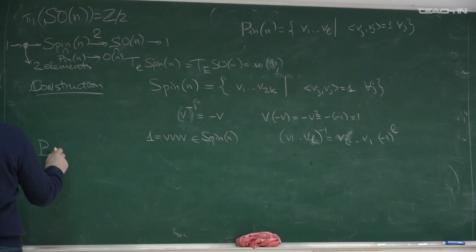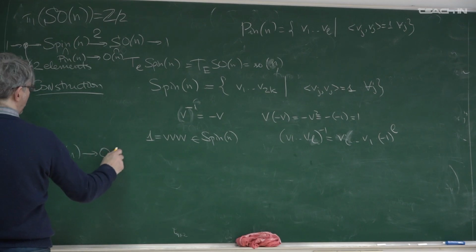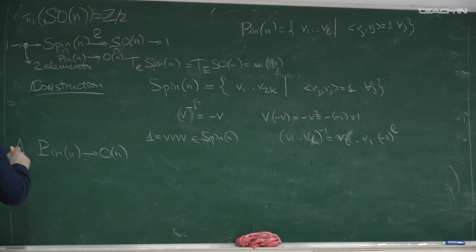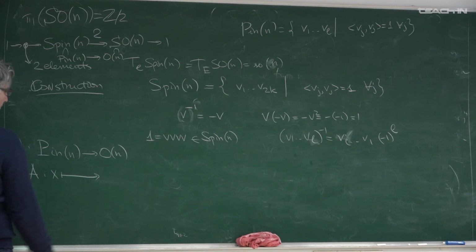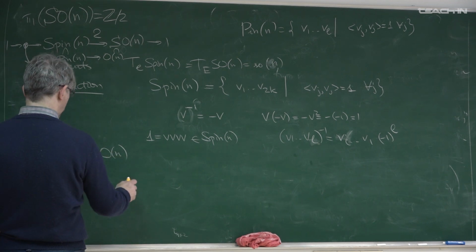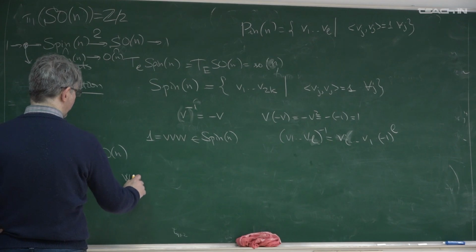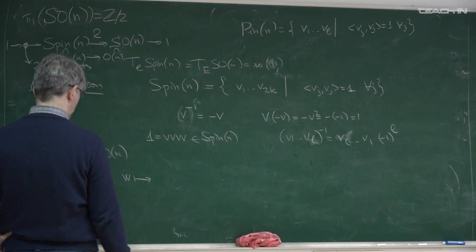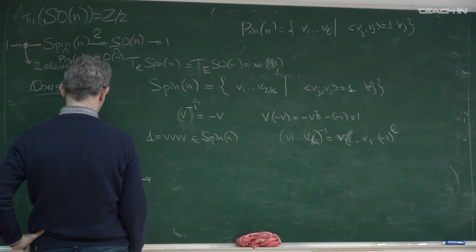I can write a formula for how pin n is sent to O n. I will denote it by A. So A sends x to some operator in Rn. It takes a vector W and sends it to the following expression.